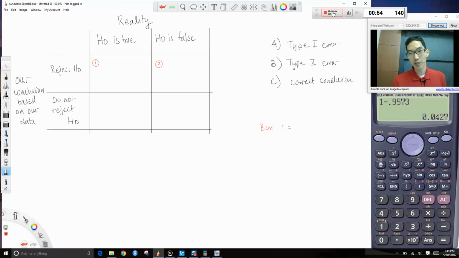Okay, so I'm going to hit stop here, and then we'll move on and do box 2, and then I'll give you box 3 and 4.